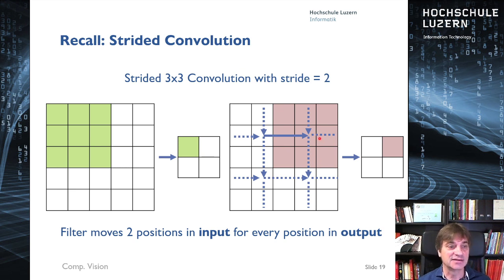Calculate again the result of applying the filter in that value, and this will give you the next pixel. And again now the size of the output image will be half the size of the input image. So we actually move 2 positions in the input for every position in the output.